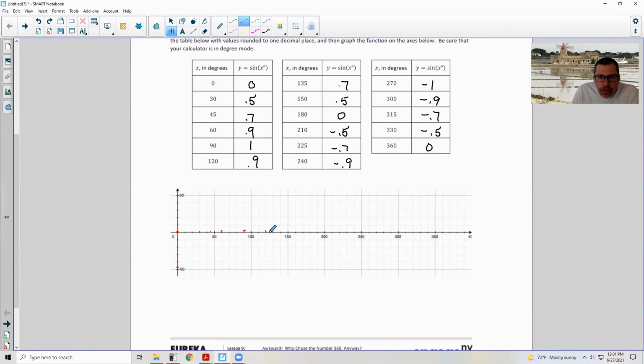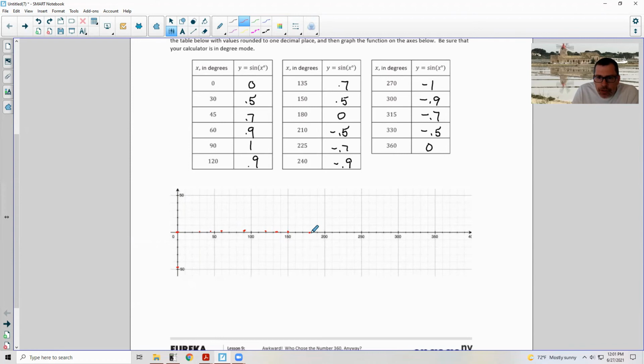And then 135, here's 130, here's 135, we're at 0.7. Okay, and then finally, 150, we're at a half. And 180, we're at 0.